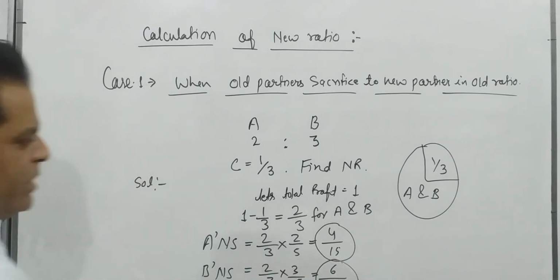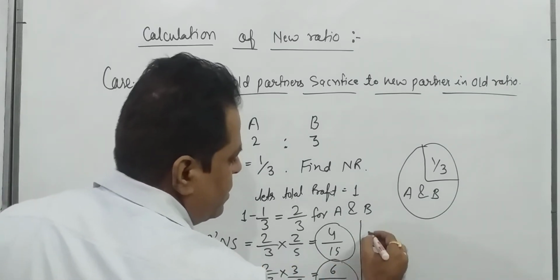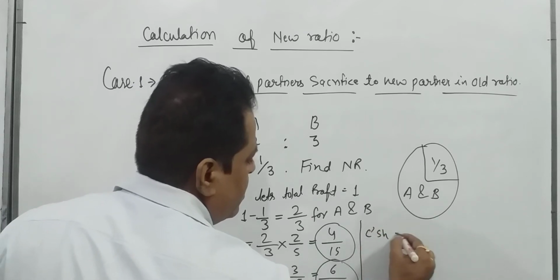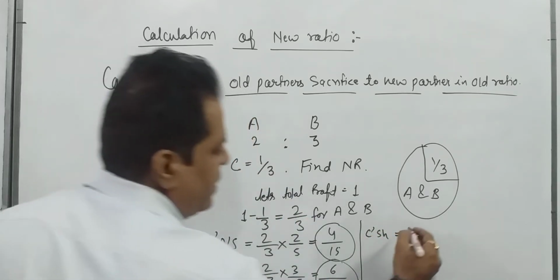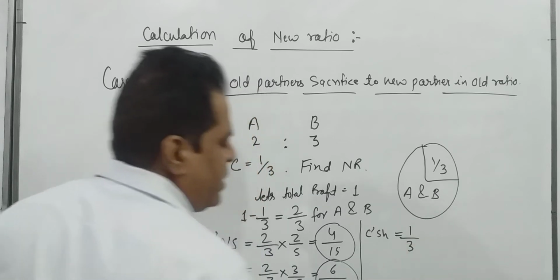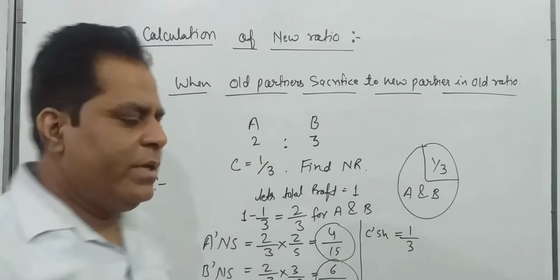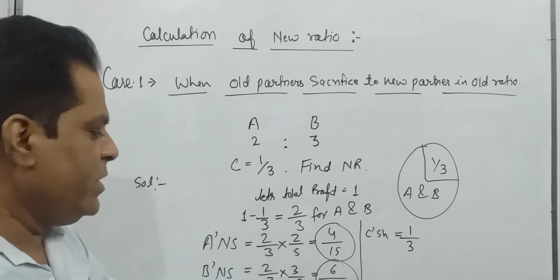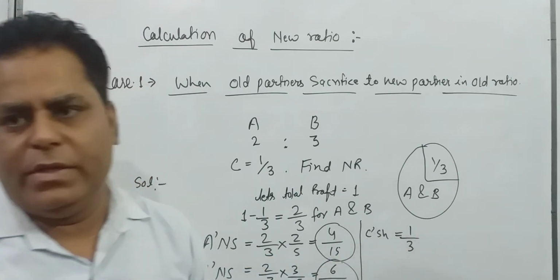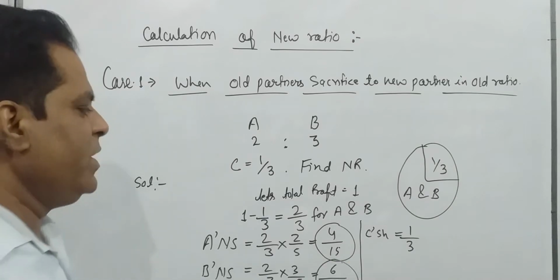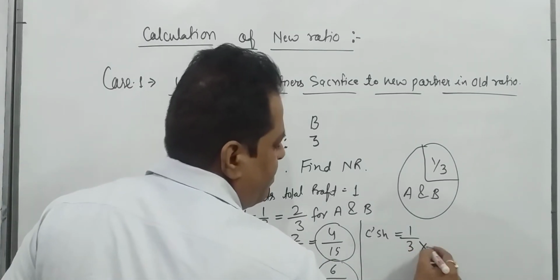Now we need C's share also. What is C's share? 1 upon 3. In ratio we always need an equal denominator. Here it is 15, here it is 15, it should also be 15. So for 15 we have to multiply here by 5.